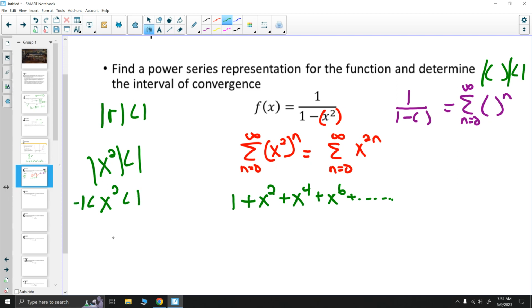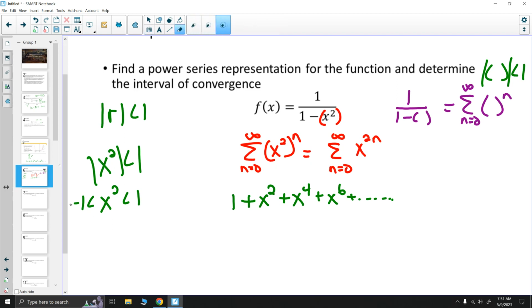Now, realistically speaking, x squared will always be greater than -1. I mean, that makes sense, right? But we're still going to be looking at this interval here, x squared less than 1 and greater than -1. One of the things that we can actually do, if we want, is take the square root at this stage.